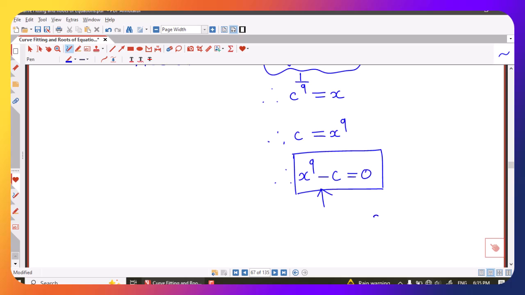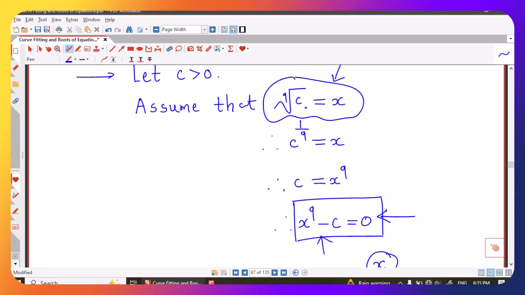If we can find the value of x which satisfies this equation, then that value of x will be nothing but the qth root of the positive real number C.